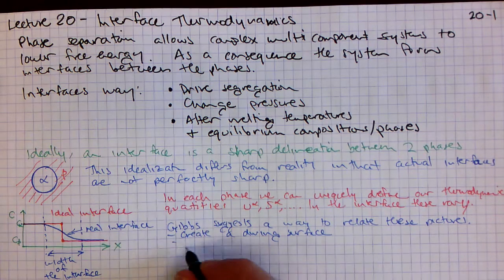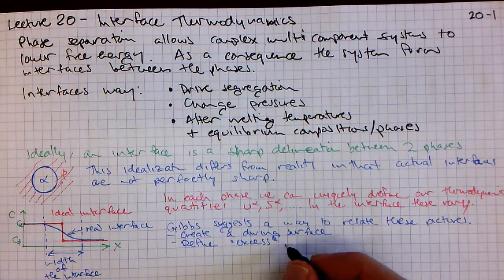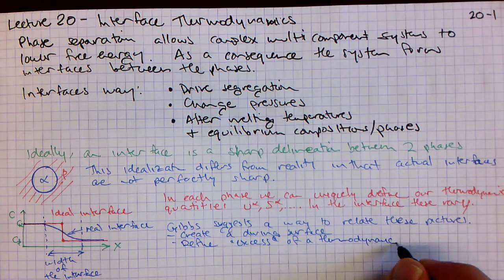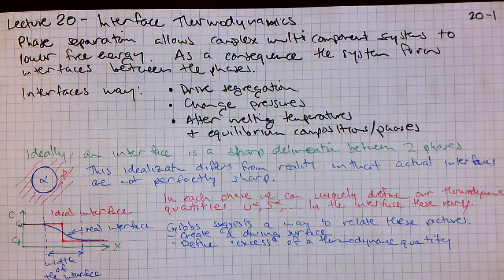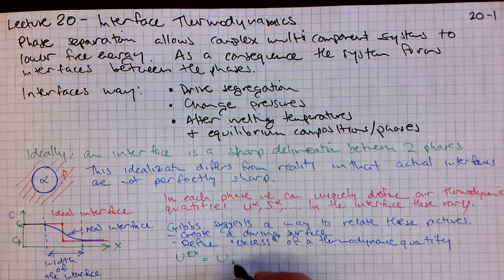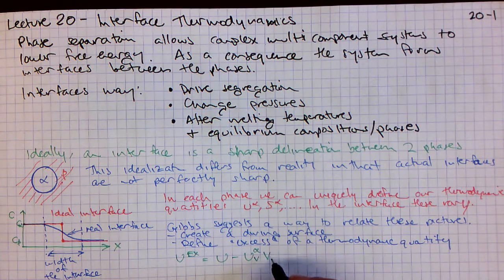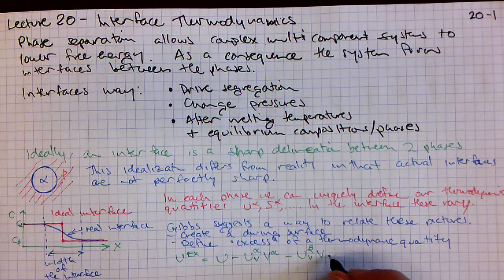And then we can define excess of a thermodynamic quantity in the following way. So for example, if we wanted to define the excess energy, that would be the energy of the whole system minus the energy per unit volume in the alpha phase times the volume in the alpha phase, given where we've put our sharp interface, minus the energy per unit volume in the beta phase times the volume of the beta phase.